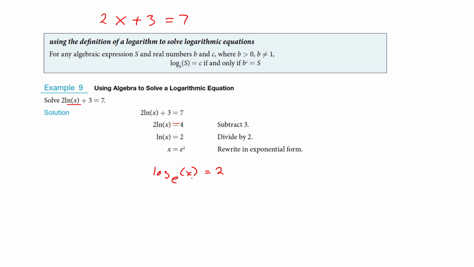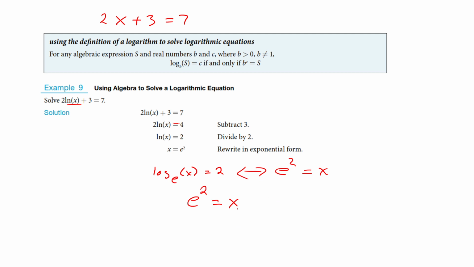So basically we're using the definition of a logarithm to solve this. So e to the 2 equals x. I'm going to switch between the different forms. Remember, when we first began learning about logarithms, we saw that it was equivalent. So I'm going to use that bit of knowledge and just go ahead and switch.